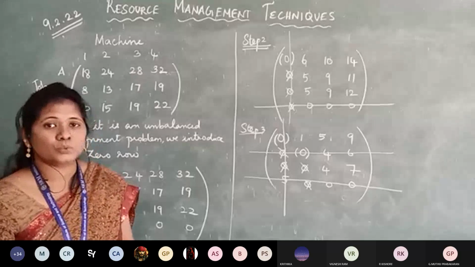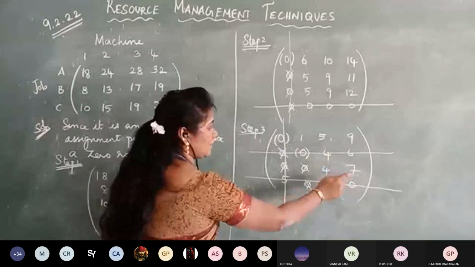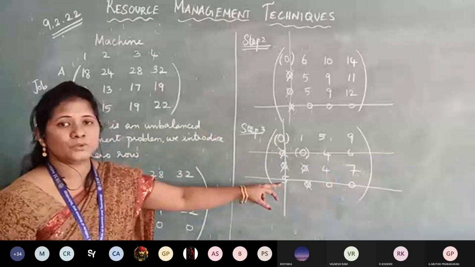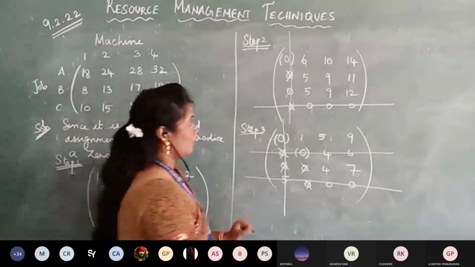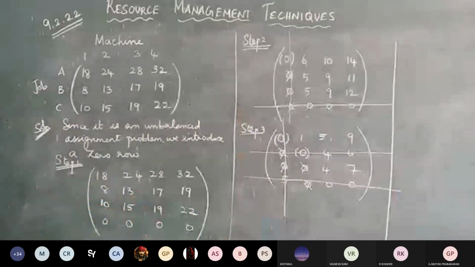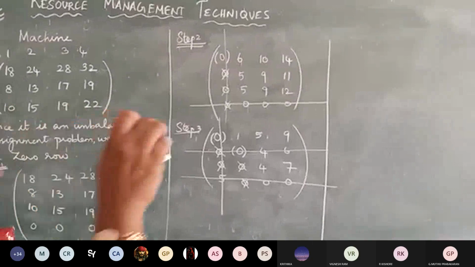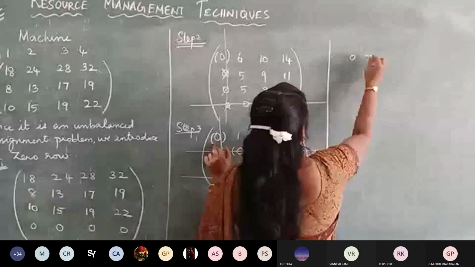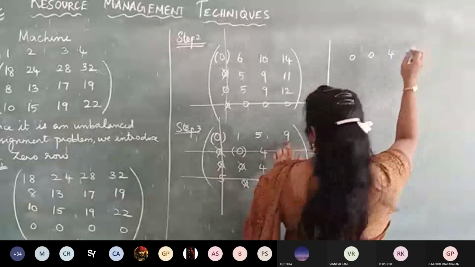With that 1, you will subtract all the values which are open. Wherever there is an intersection, you will add. So when you do that, what will happen? Go on to the next step. So 1 you're going to subtract, so it will become 0, 0, 4, 8.